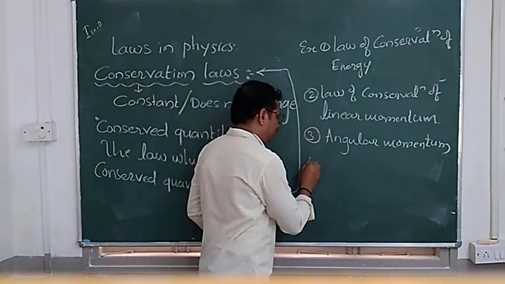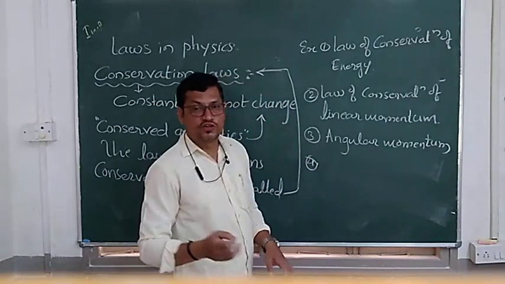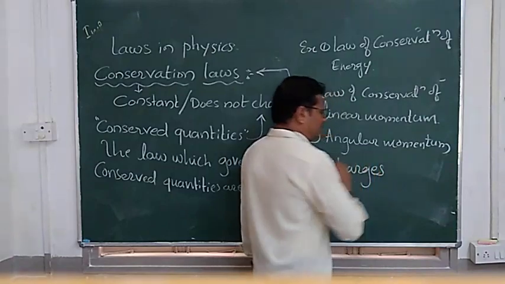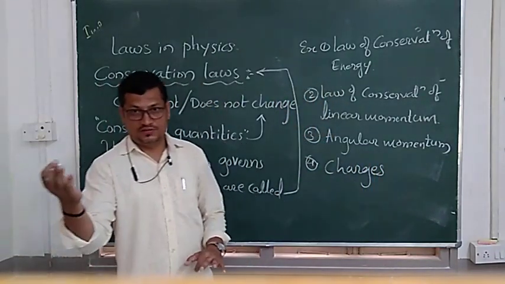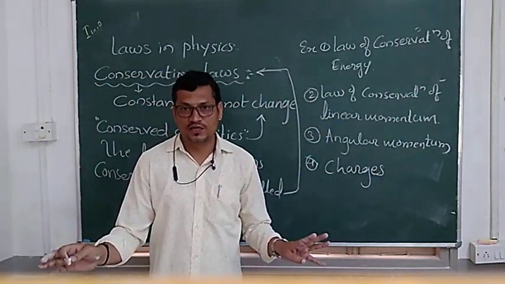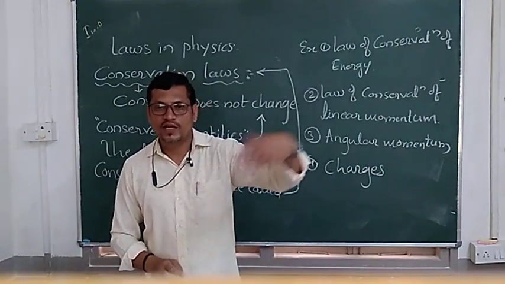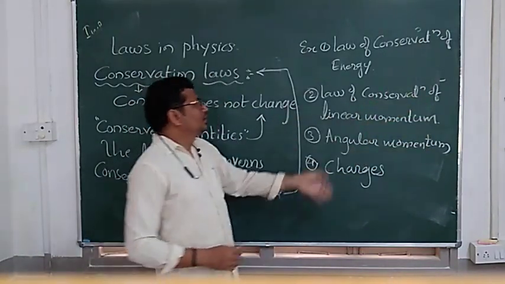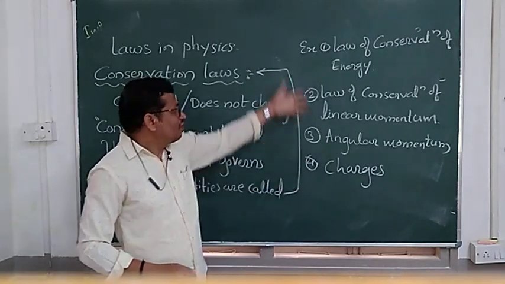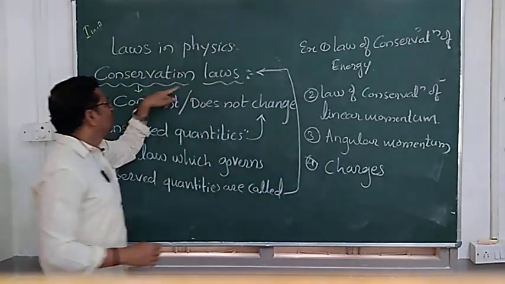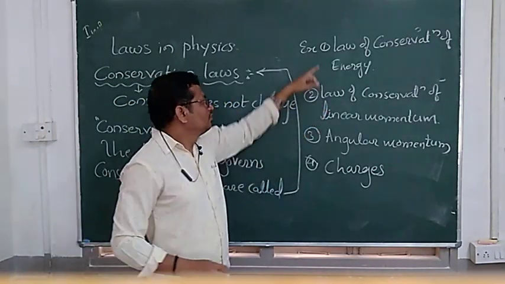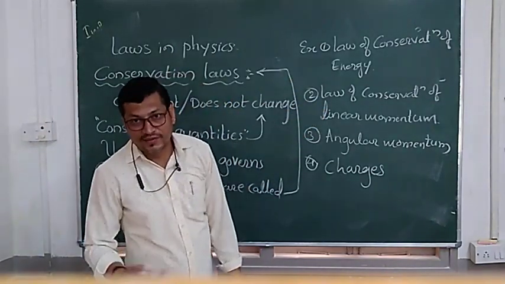Fourth one, law of conservation of charge. Here we cannot create charge, or we cannot destroy. Just we can transfer it from one body to another body. Like this, laws will come. These laws are nothing but conservation laws. First one is law of conservation of energy.